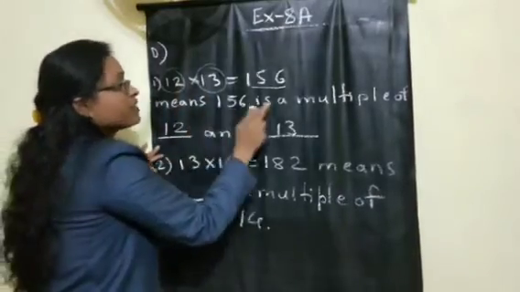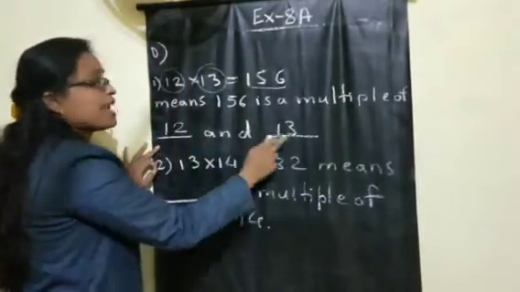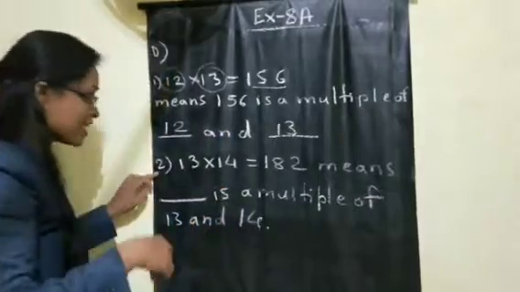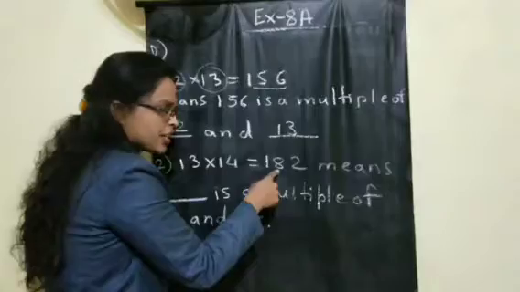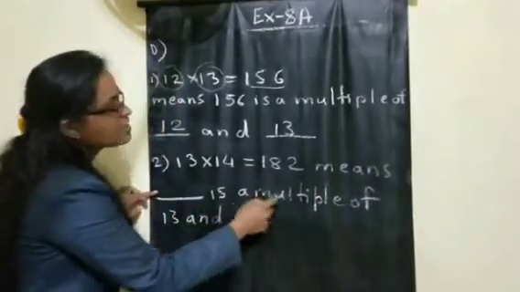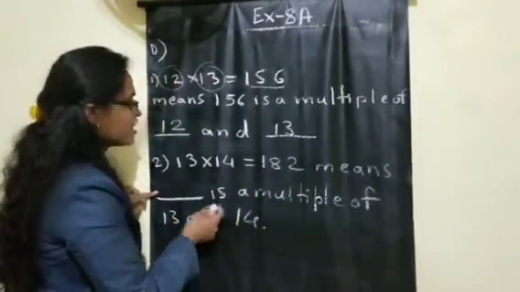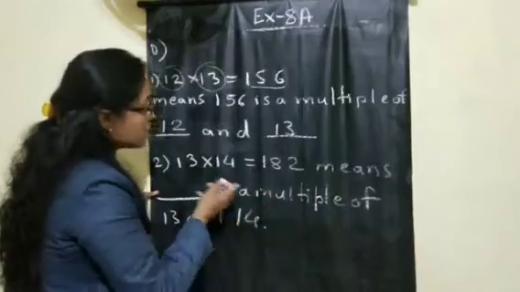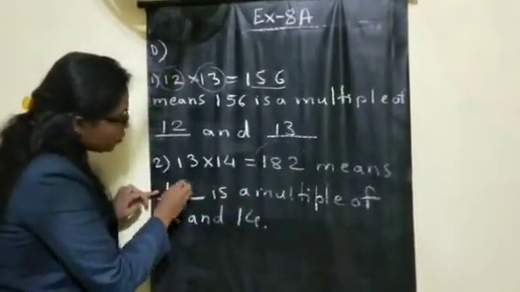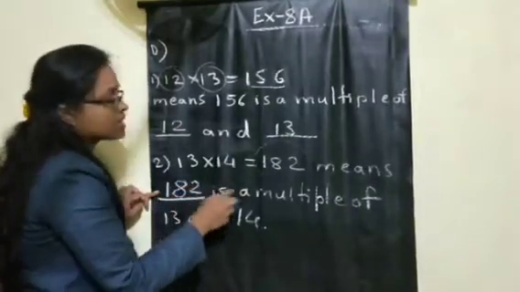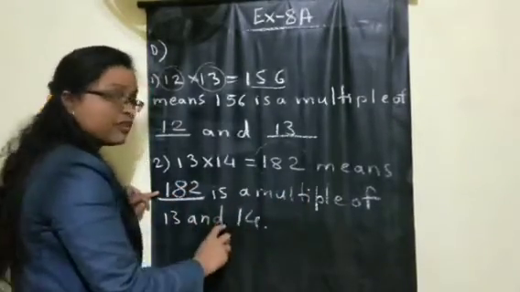So 156 is a multiple of 12 and 13. And in the second question, 13 multiplied by 14, you are getting 182, which means dash is a multiple of 13 and 14. Which is the multiple of 13 and 14? 182. So you write here 182 is a multiple of 13 and 14.